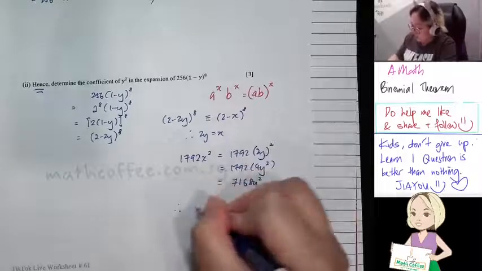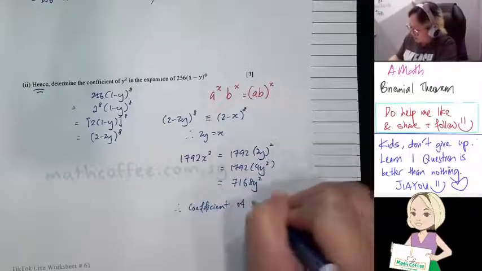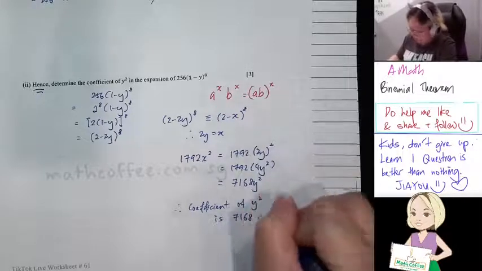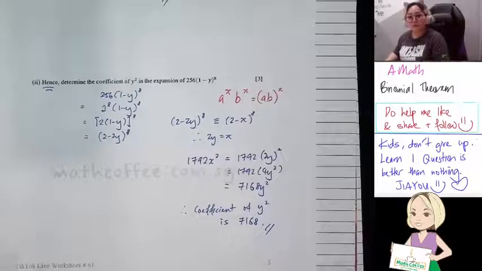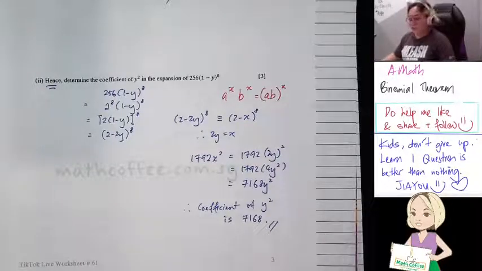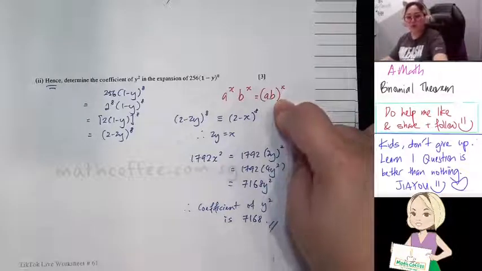So therefore, the coefficient of y squared is 7168. Done. So this is using this indices law, which is commonly forgotten by students, but it's pretty important.